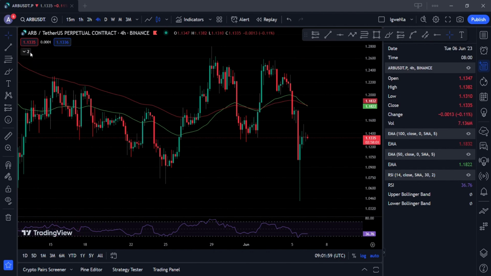The green is the 50 EMA, while the red is the 100 EMA. This tells you that when the red is above the green, it means downtrend. When the green is above the red, it means uptrend. And all of this is just to show you the movement of the coin.